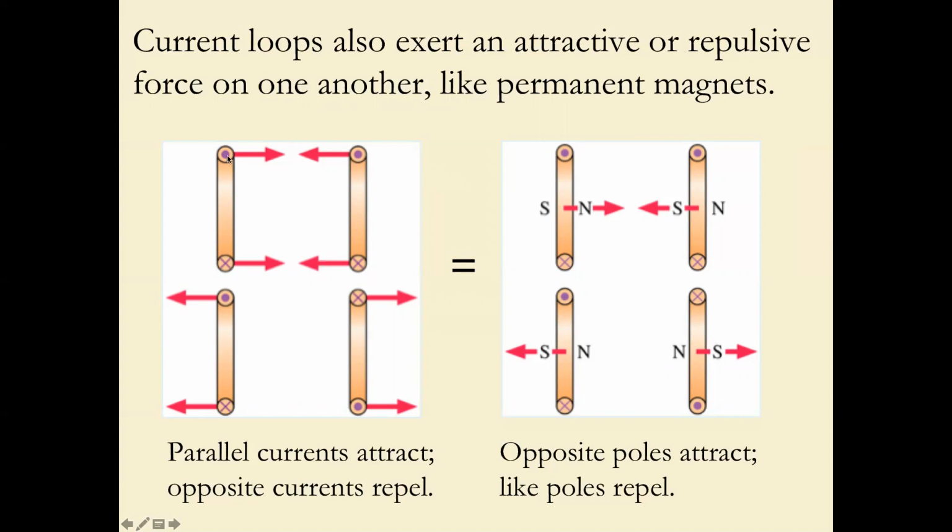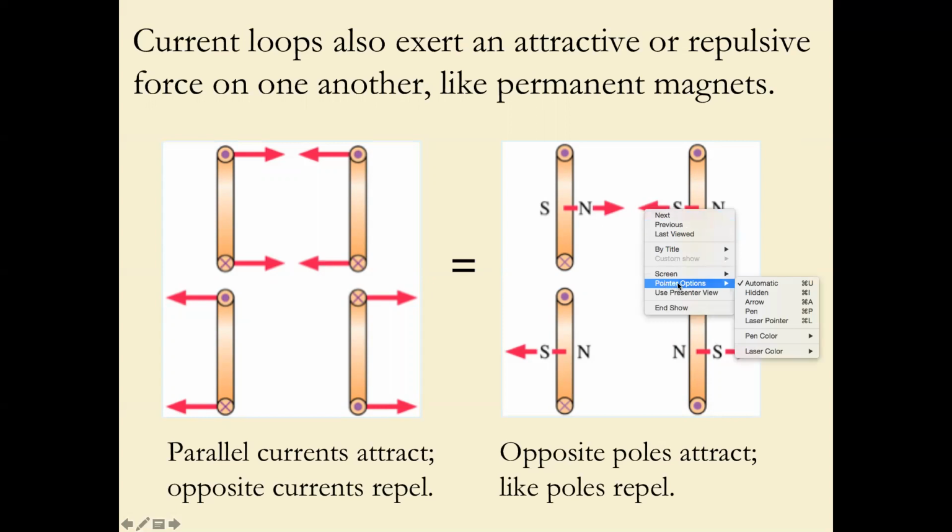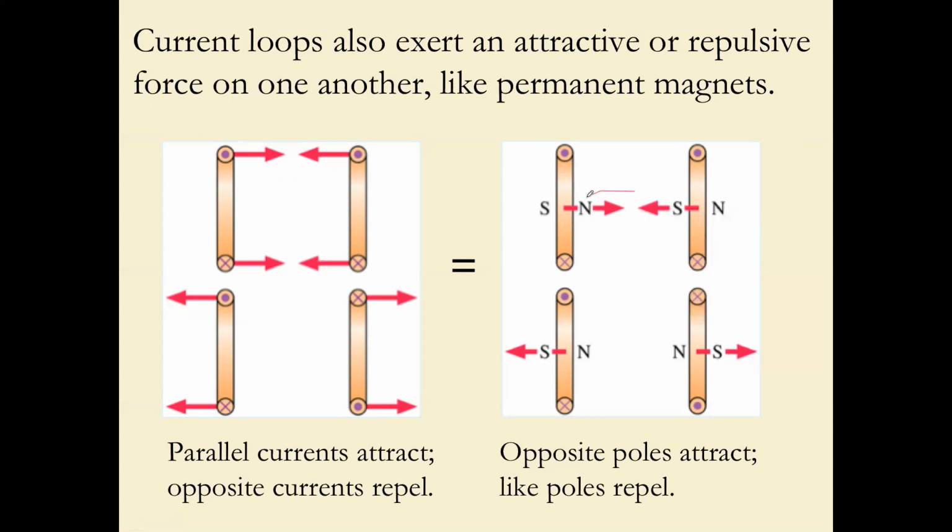This is out of the page at the top, and at the bottom it is into the page. If this is out of the page at the top, the right hand side is north and the left hand side is south. For the other loop, the left hand side is south and the right hand side is north. So that's why north-south will attract each other, as you can see here.